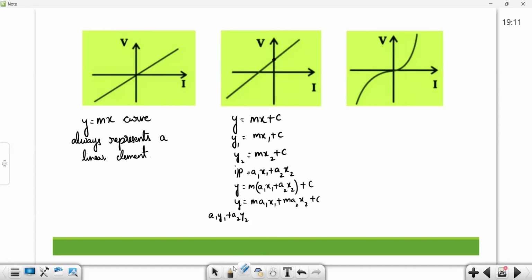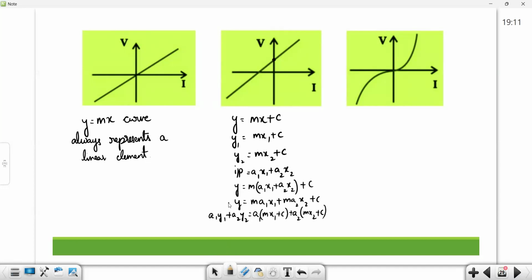Please reply. Multiplying a1 into y1, a1 into m x1 plus c, plus a2 into m x2 plus c. This is the output when you get a1 y1 plus a2 y2.